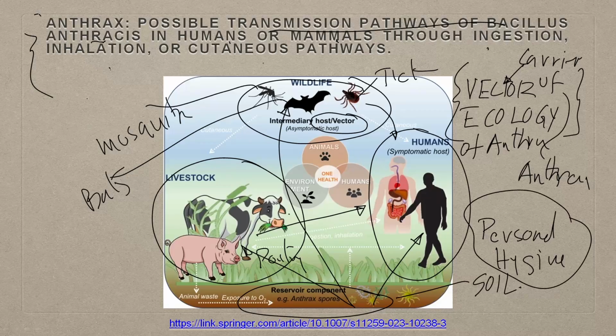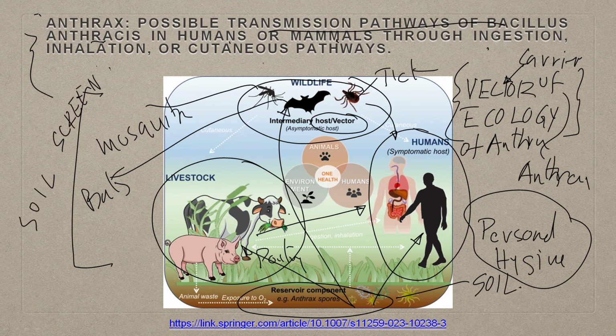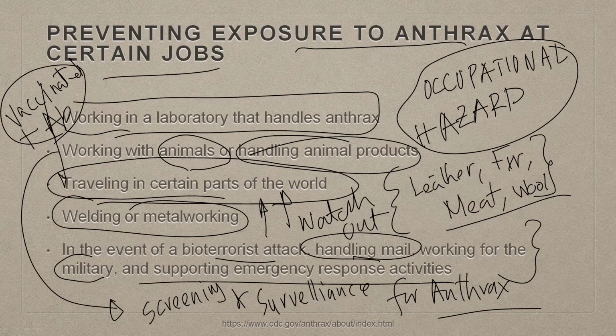So, it is extremely essential that time to time soil screening is done in areas where there is a suspicion or a possibility that anthrax may emerge, especially, as you talked about in the previous slide, those places in the world which are more prone to anthrax.